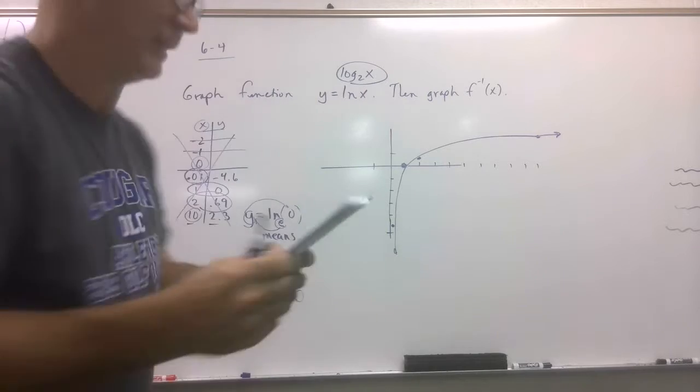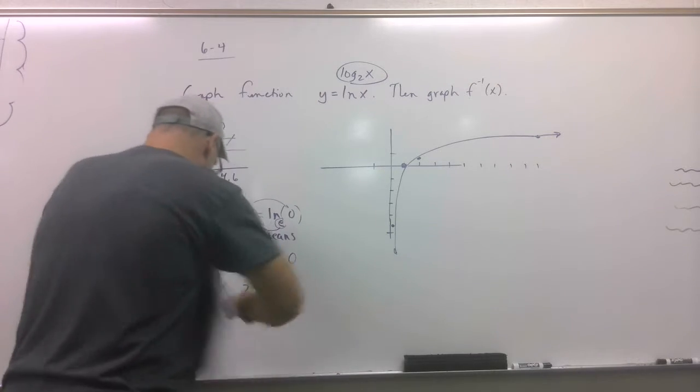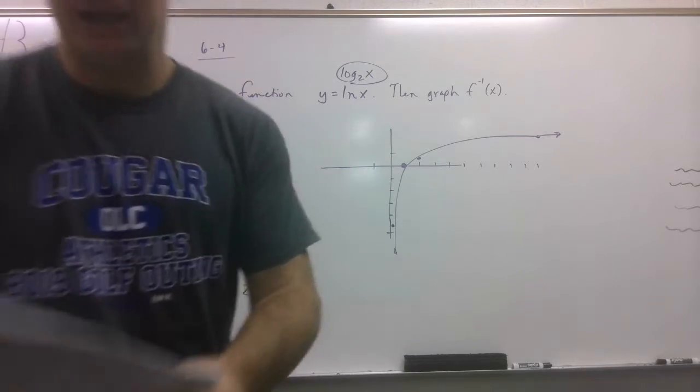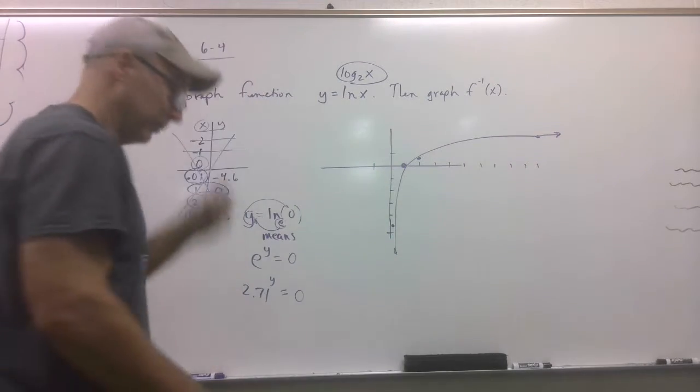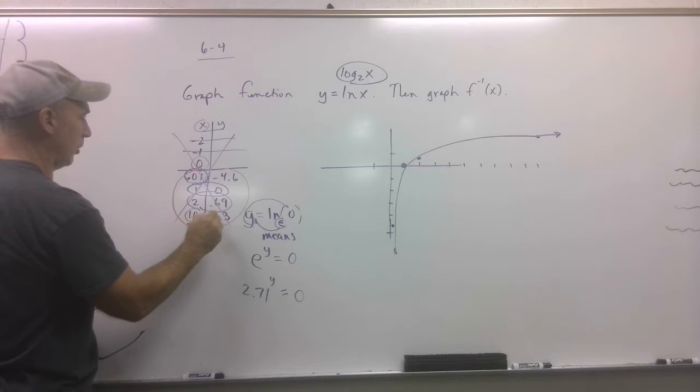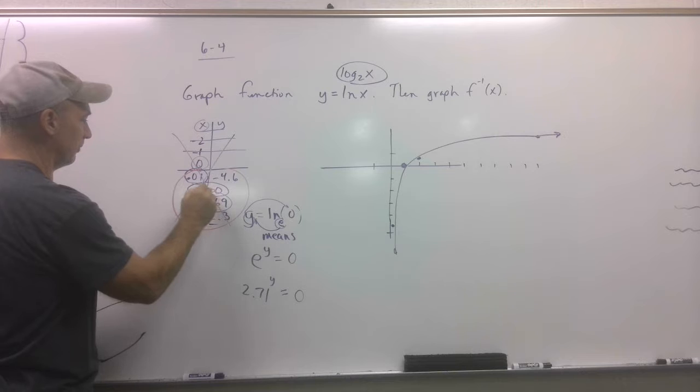Now, the next question they're going to ask us is to graph the inverse. So I'm going to grab my red marker, and it says graph it. You've got a couple of techniques. What I could do is take these and just switch them all and graph those spots.